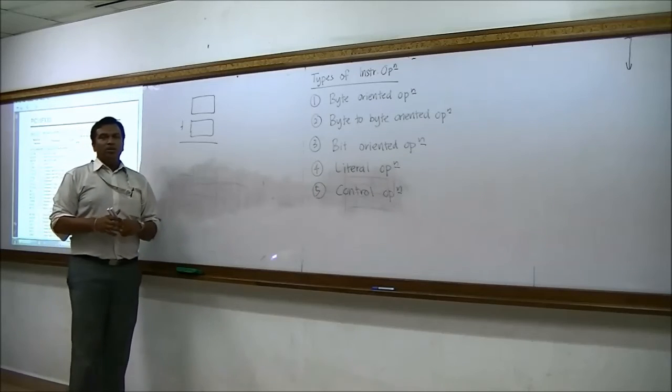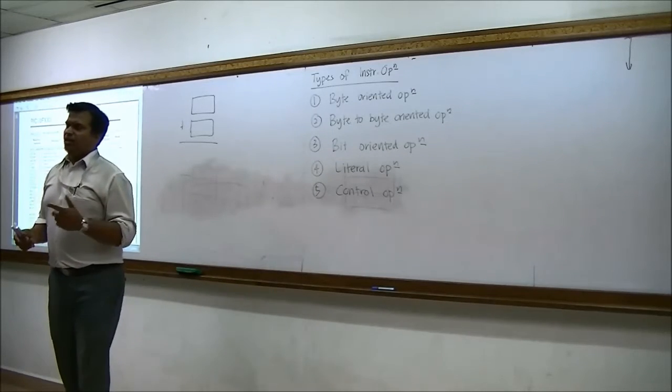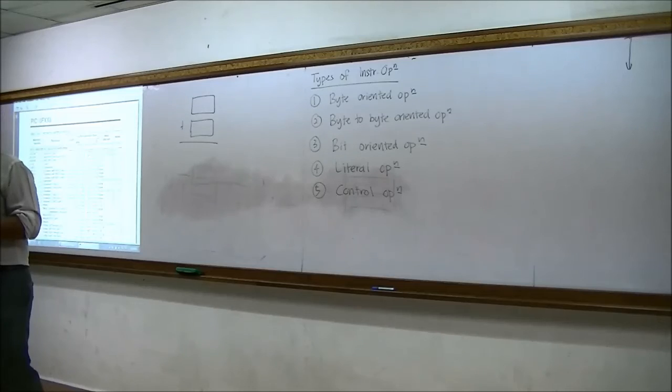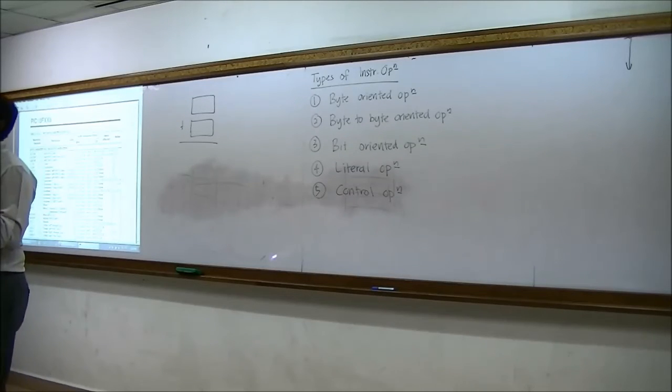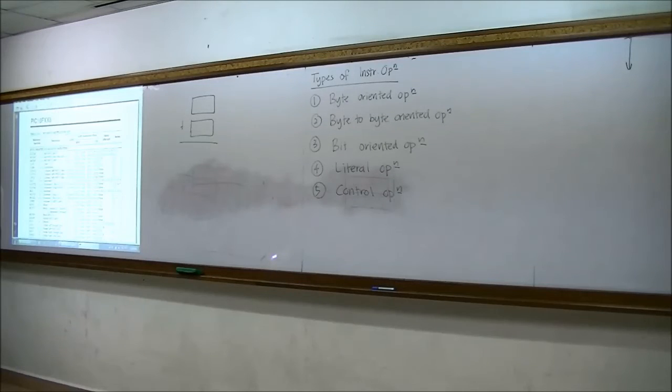There's another thing I forgot to mention. I don't know whether I mentioned or not. All the instructions, or almost all the instructions in the PIC, are actually executed on the data memory.